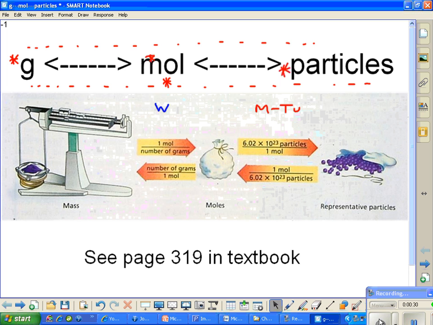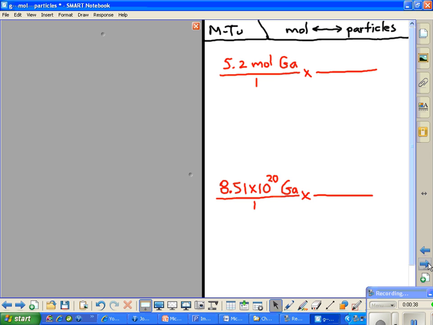And now we're going to find out how to go all the way from particles to grams, or grams to particles. So we have a couple of practice problems here to show you, or to review for you, how to go from moles to particles.